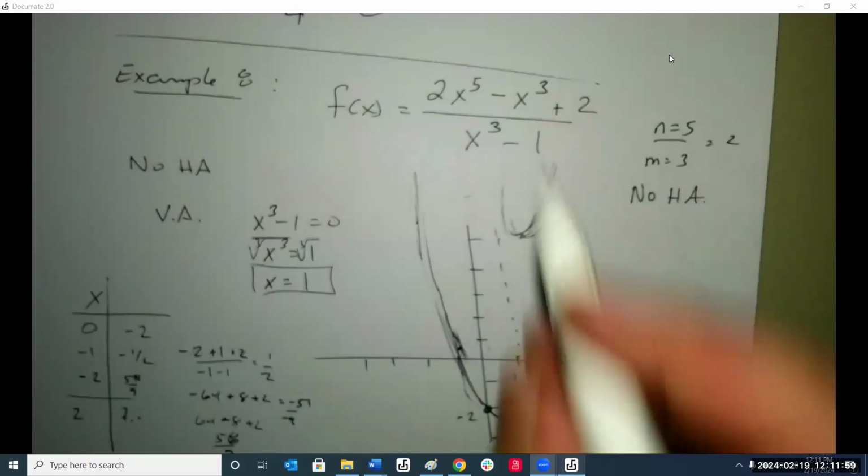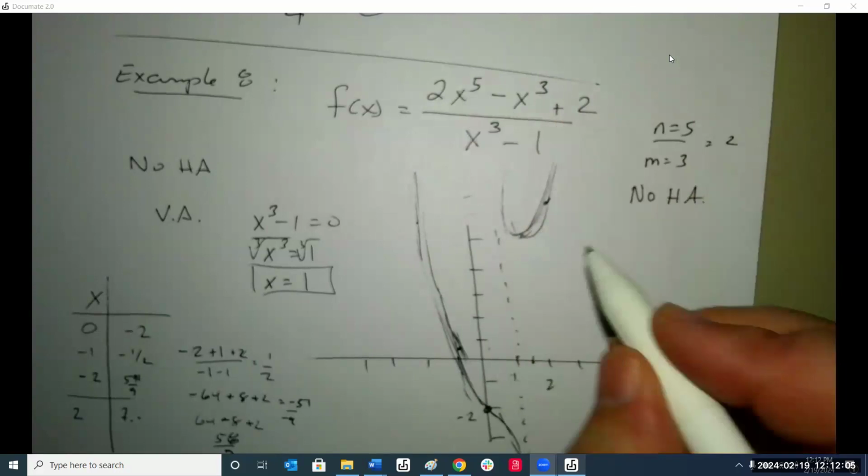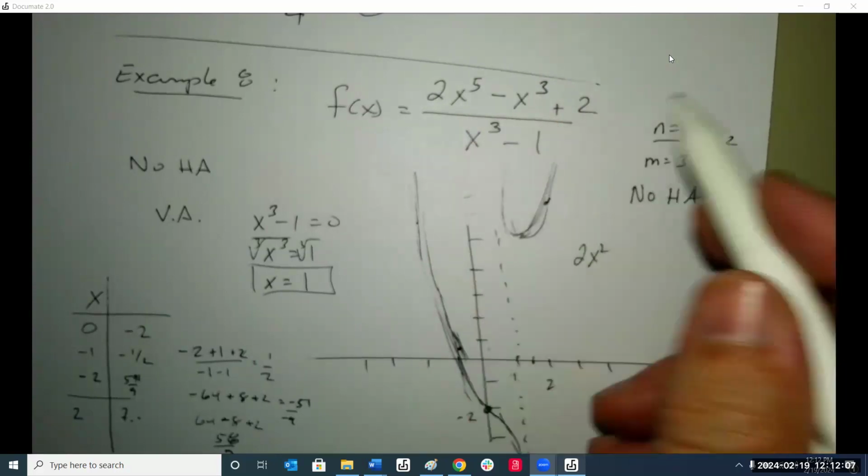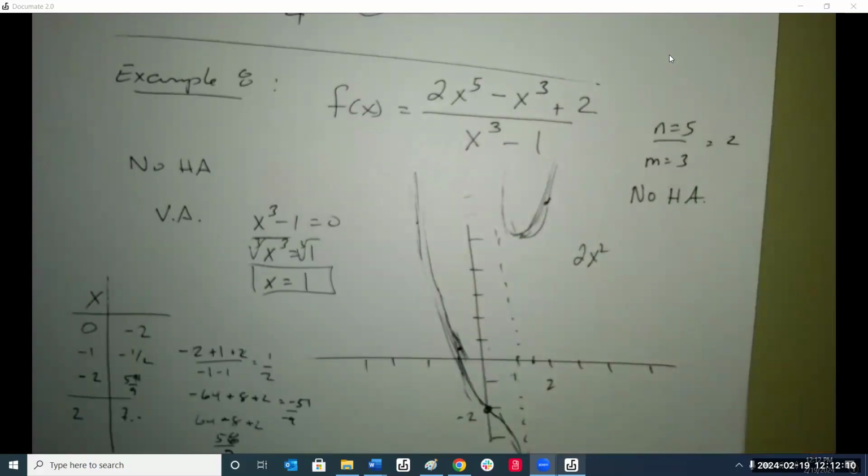If we look at these guys here, it'll become 2x squared because x cubed and x fifth cancel out. Again, you can use any type of tool you want to graph those for you.